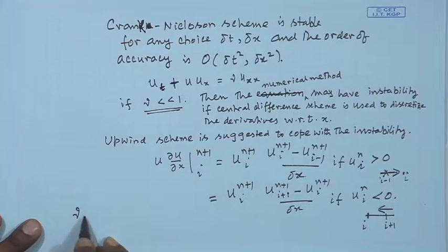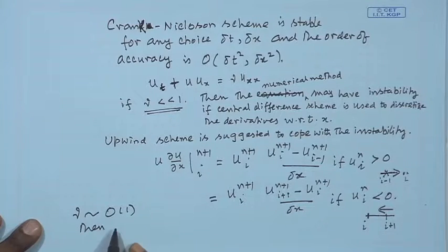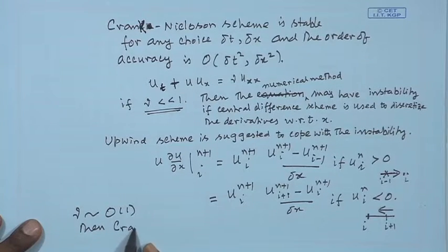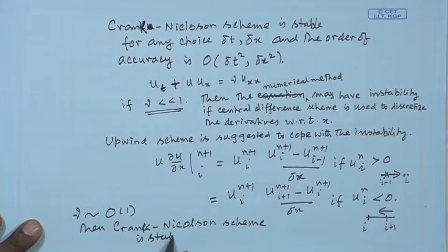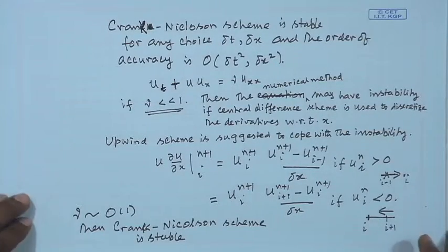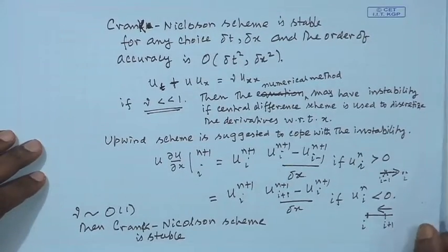Otherwise, if nu is order 1, then the Crank-Nicolson scheme is stable, because there we have used the central difference scheme both in time and in the x derivative.